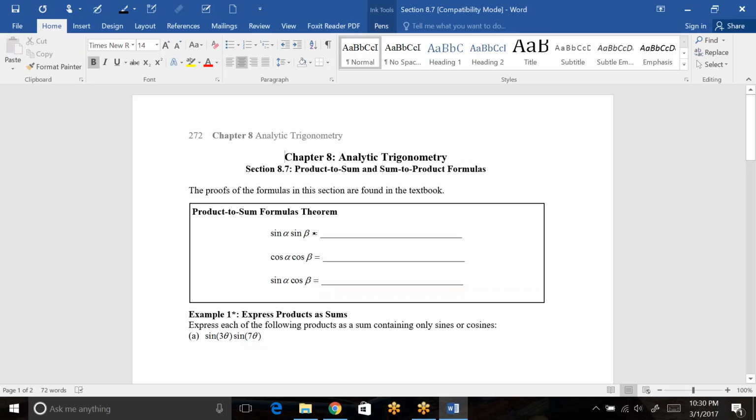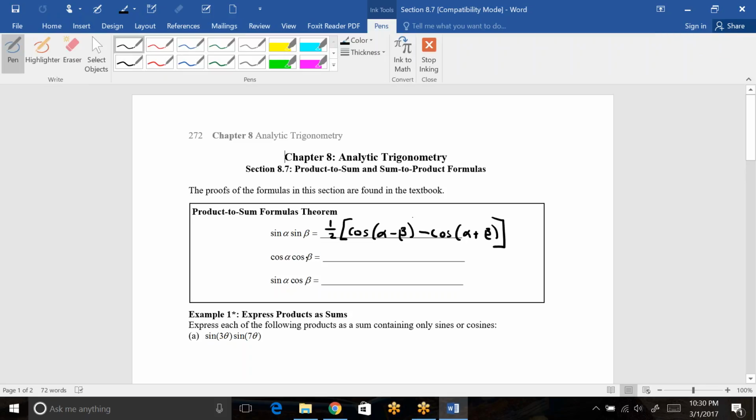So sine of alpha times sine of beta is the same as 1/2 bracket cosine of alpha minus beta minus cosine of alpha plus beta, close parentheses and end bracket.